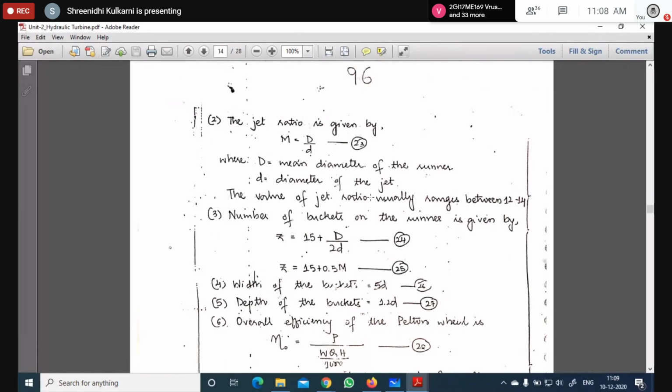The jet ratio is given by capital M. M is equal to capital D by small d, where capital D is the mean diameter of the runner and small d is the diameter of the jet.